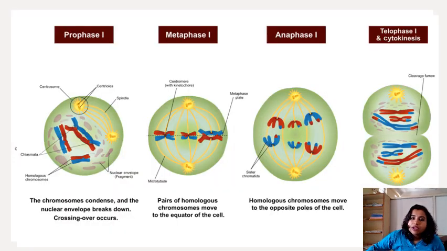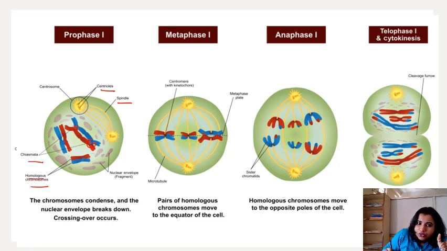Coming to the diagram here. This is prophase 1. What is happening here? This is the spindle fiber, these are the centrioles, which start moving to opposite poles. On the chromosomes you can see chiasmata, right? These are chiasmata, and this is your homologous chromosome. Coming to metaphase, the chromosomes get aligned at the center.